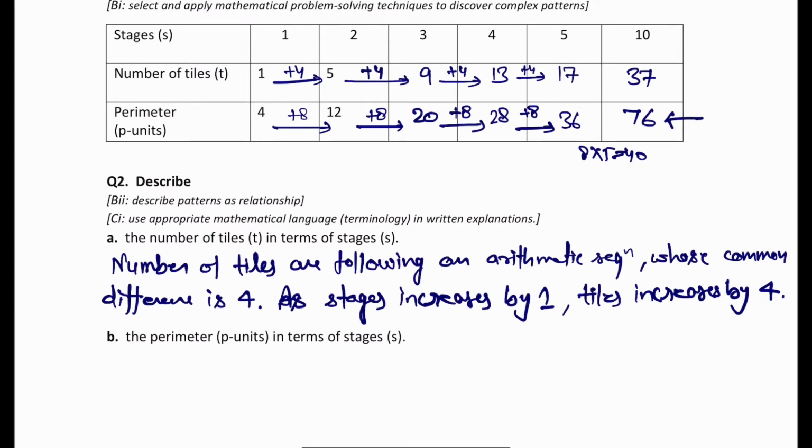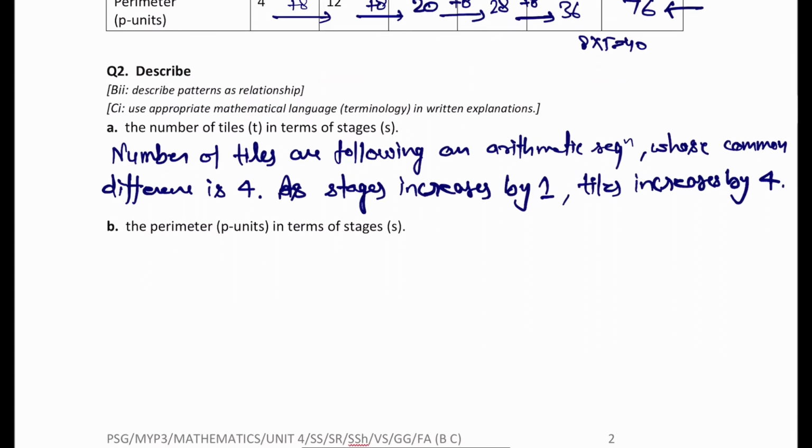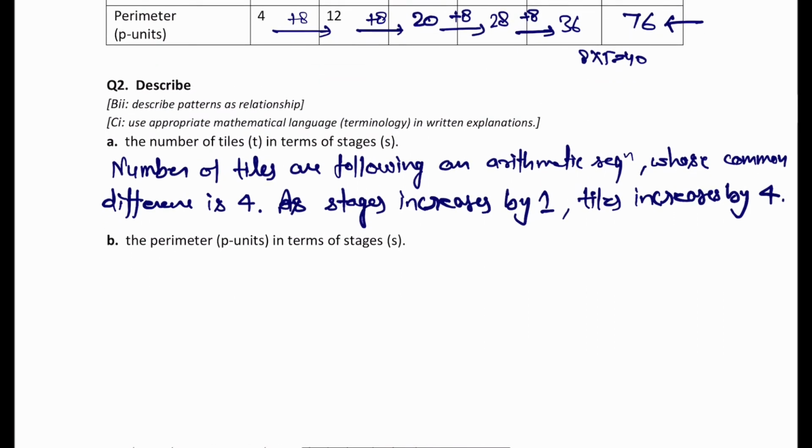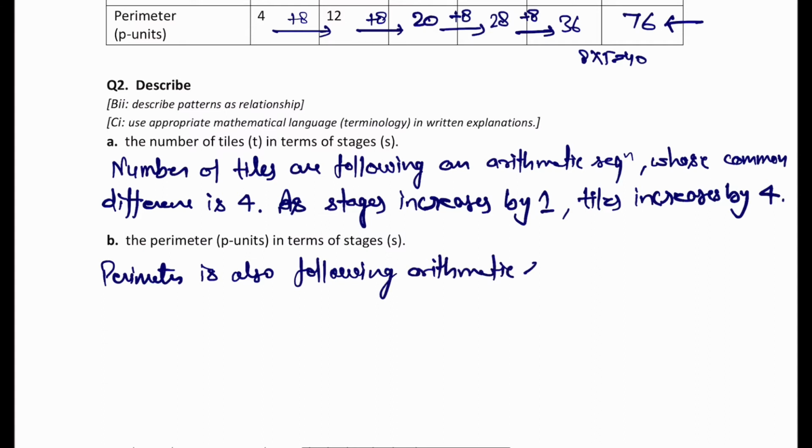Similarly, you have to write about the perimeter. In the same way, the perimeter is also following an arithmetic sequence whose common difference is 8.